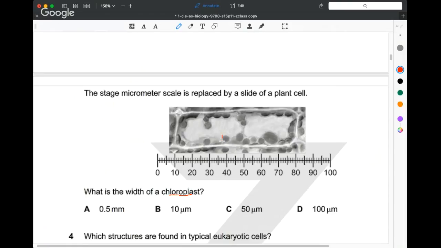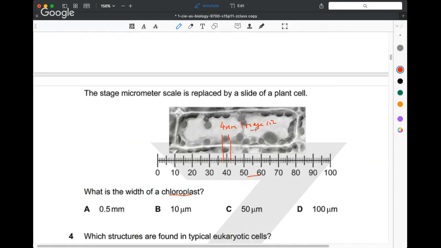But if you measure the width of the chloroplast against this scale here, you can measure there and there, can't you? You end up with a width of about 4 millimeters. So this is now the image size, isn't it? Because we've measured against this graticule in the eyepiece.